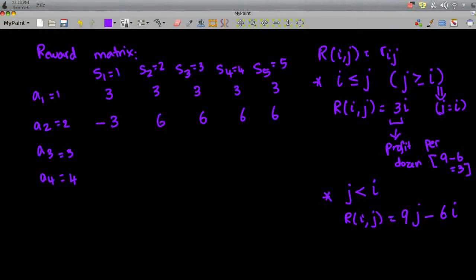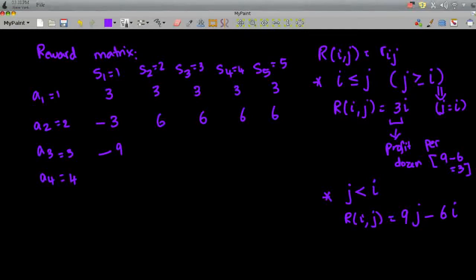Carrying on, if the reward matrix action is 3 and the state is 1, j is less than i, so we'd have to make use of the second definition of the reward function. When plugging in j as 1 and i as 3, we would get 9 minus 18, which is negative 9.